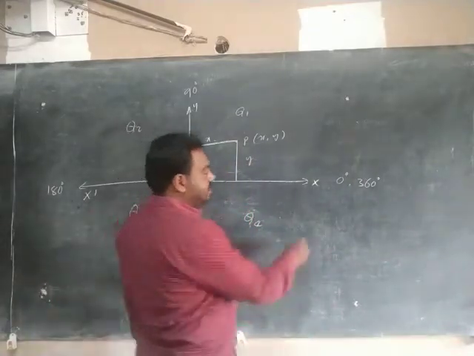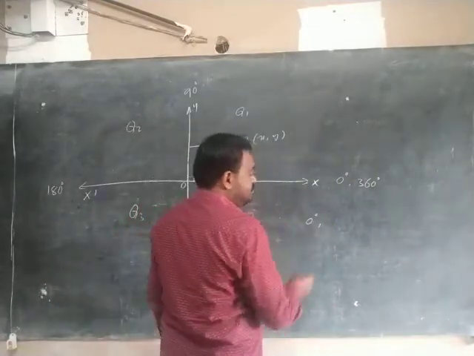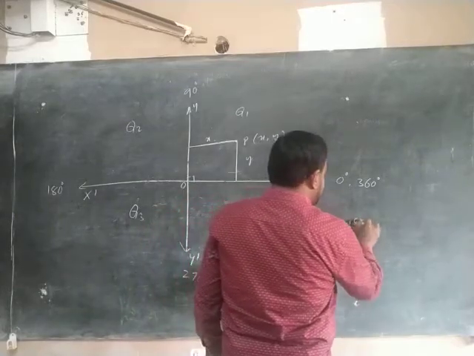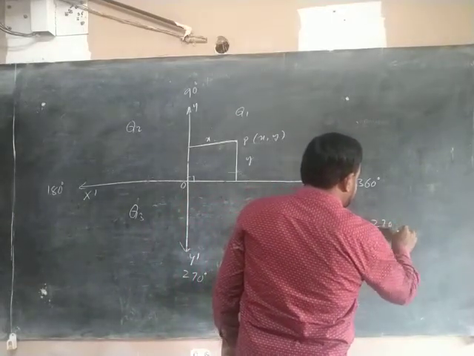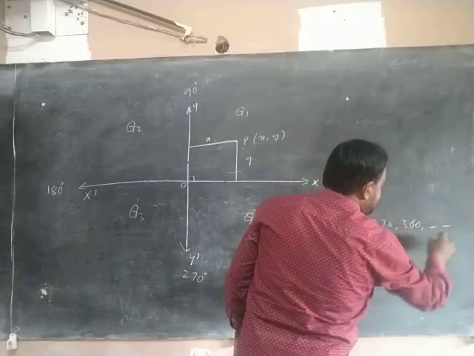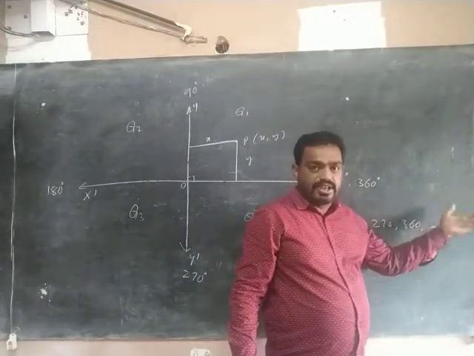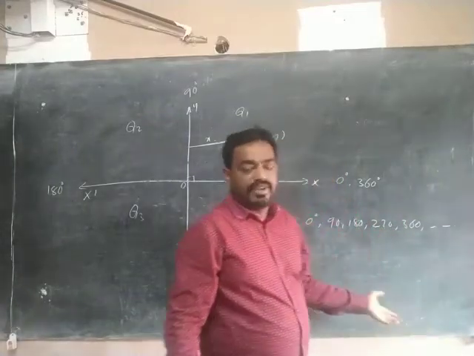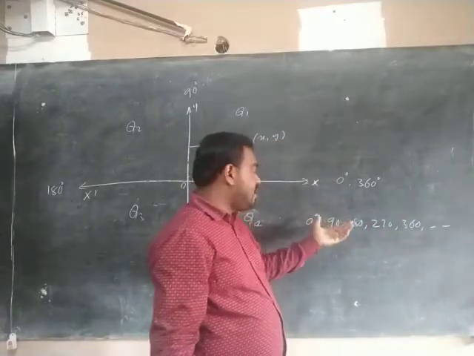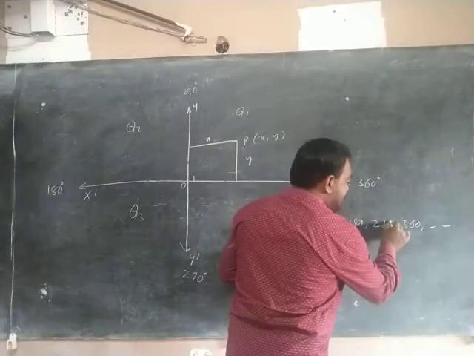Here, these angles are there now: 0, 90, 180, 270, then 360, and next we keep adding 90 each time. These are all the angles.